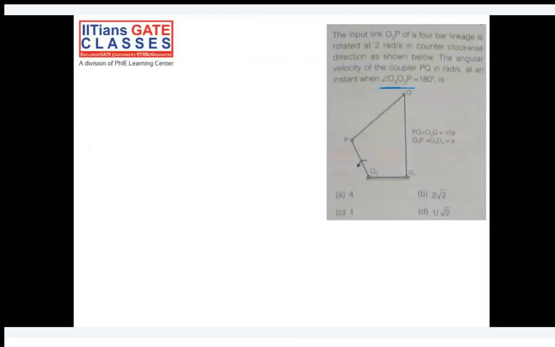Okay, I will give you a hint by drawing a figure. So what they are asking is, this is your O2, this is your O4, and this is your P, and somewhere this is Q, something like this you have.